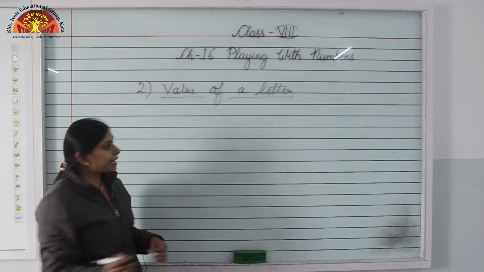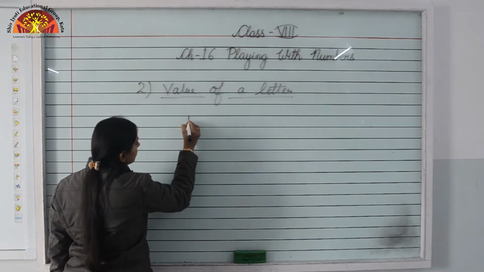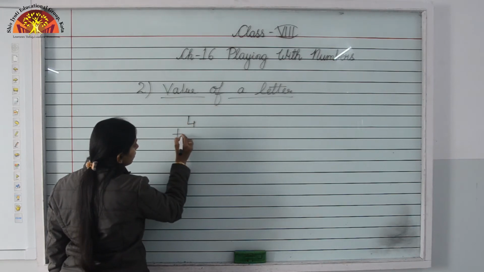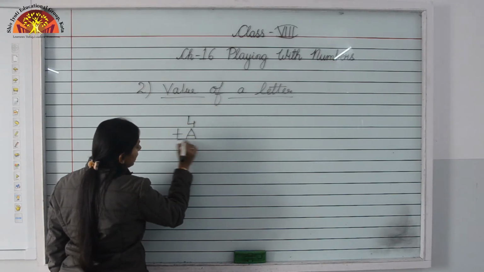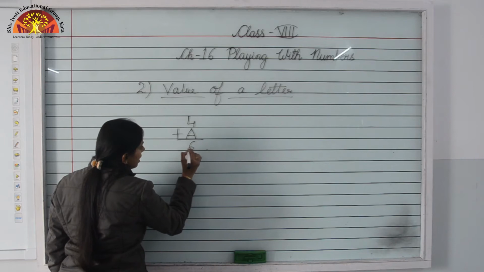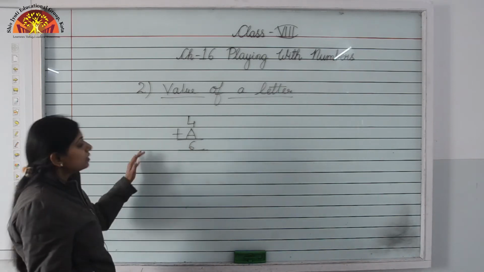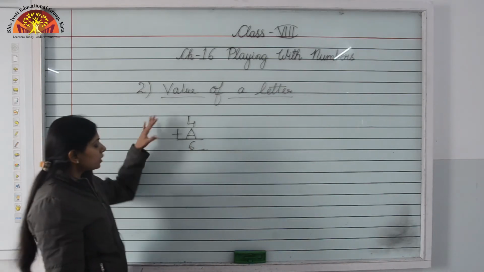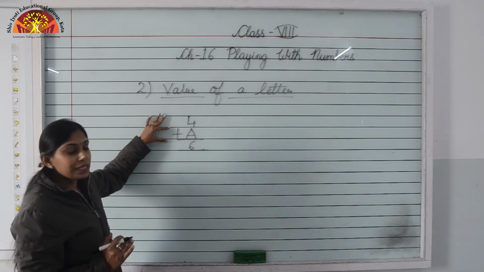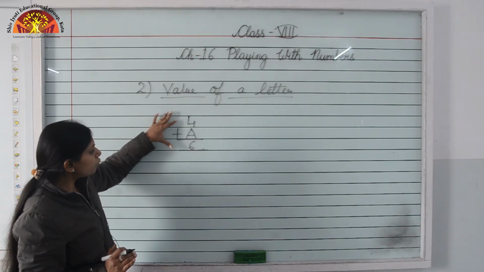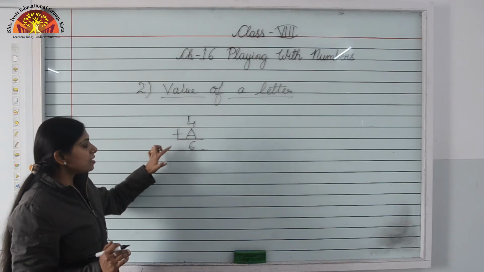Suppose I am taking an example here: 4 plus A gives answer 6. Is it clear? So just pay attention. We have to find the value of a letter. It is given 4 plus A and the answer is 6.